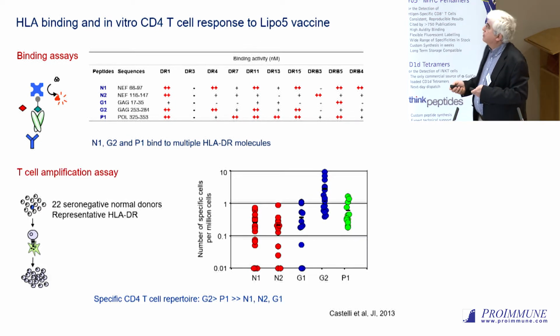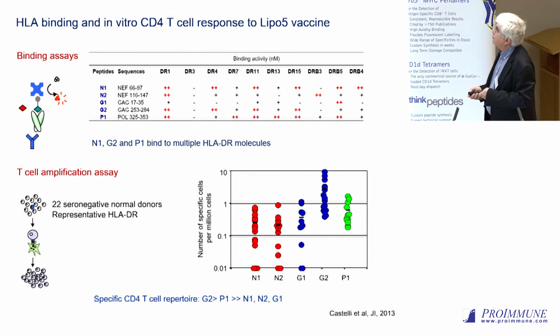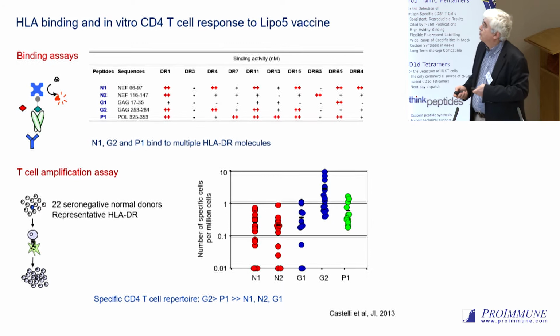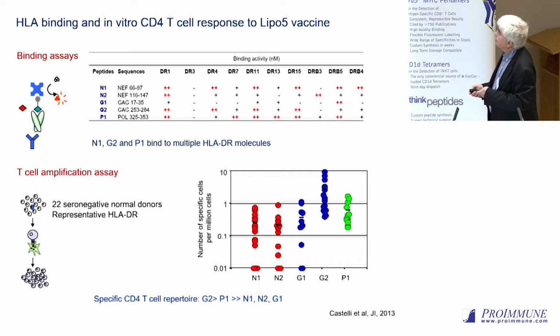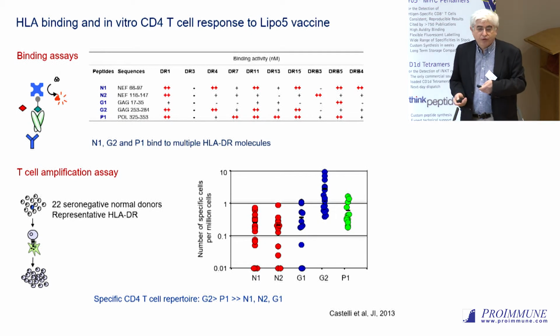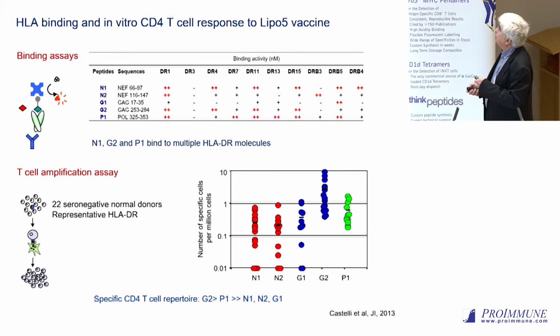But when we submitted these peptides to the T cell amplification assay using multiple seronegative donors, again you see that one peptide emerges as the most T cell stimulating. Don't forget it's a log scale.